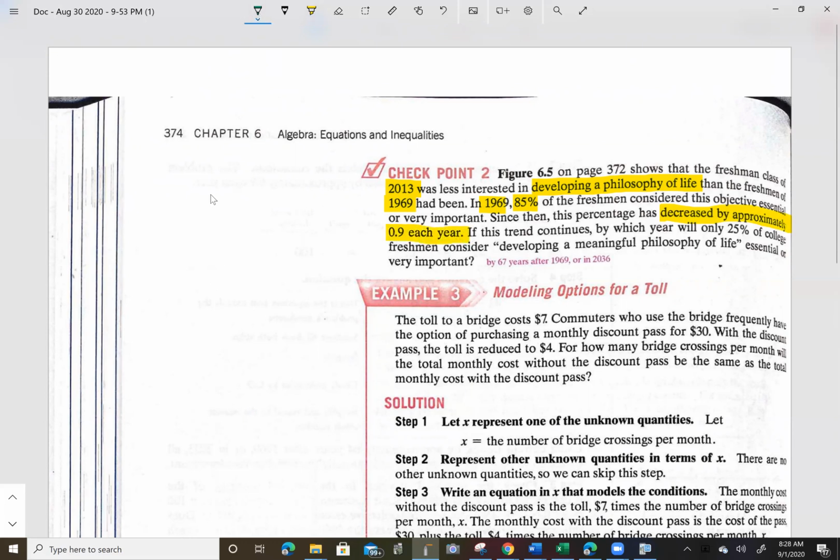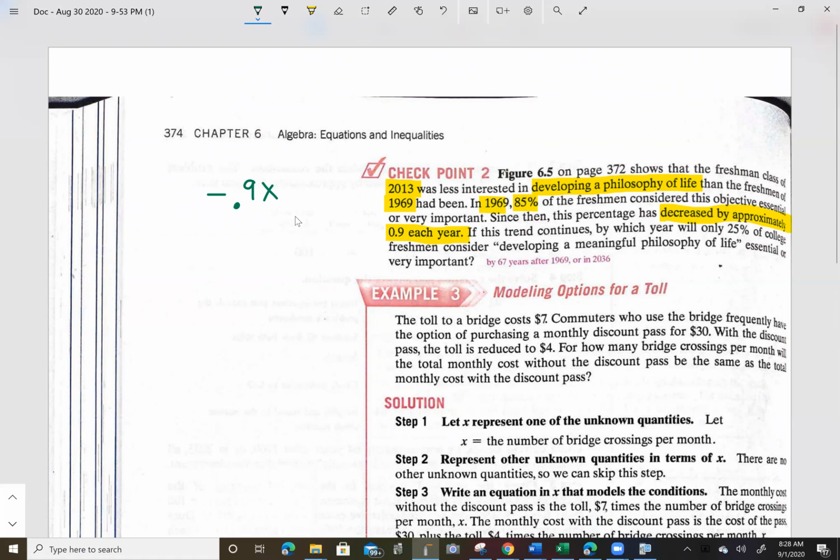So we're going to subtract 0.9 for each year from the original 85%, right?